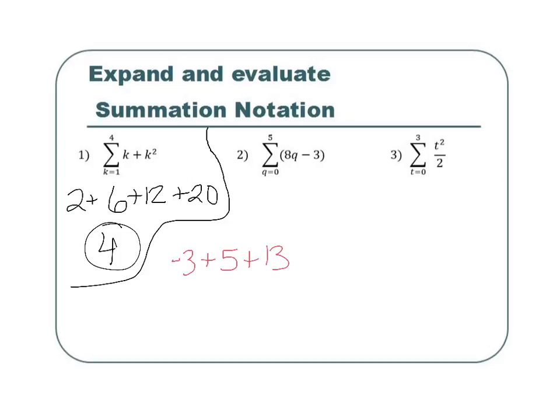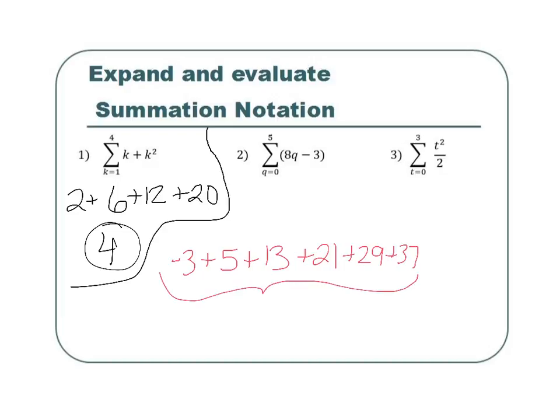Now make it be a 3, so that's 24 minus 3, so 21. Now make it a 4, so that's going to be 32 minus 3. And then the last one, let it be a 5, and so that'd be 40 minus 3, which is 37.